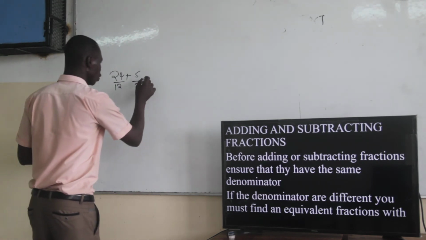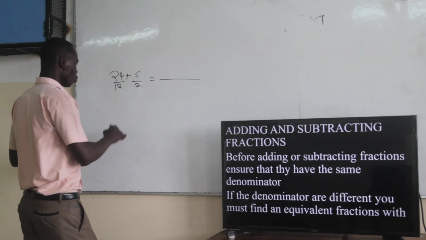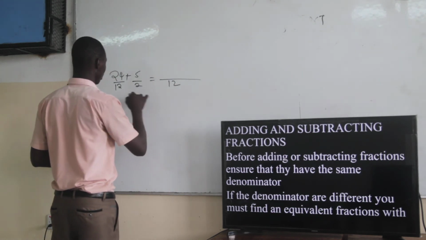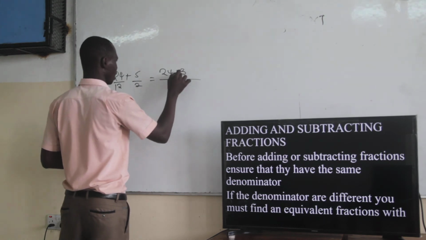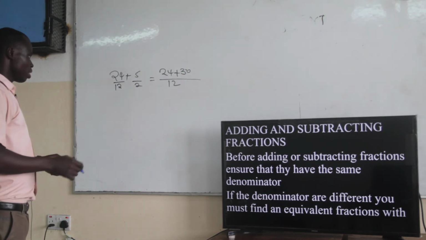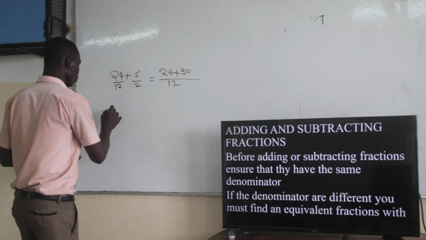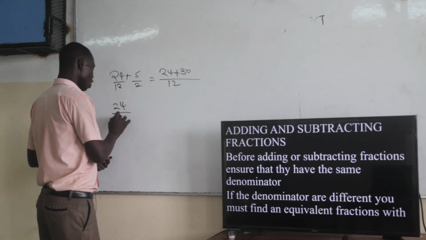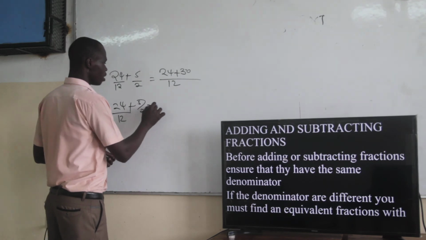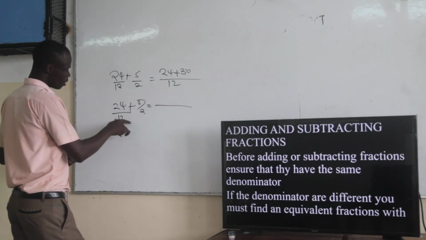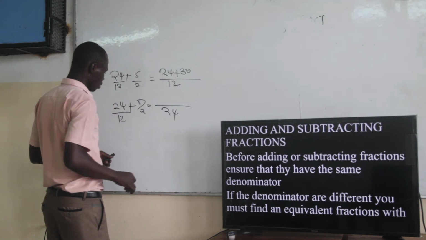Now, the first person can choose to have the LCM as 12. Another person can have 24 over 12 plus 5 over 2, and this person chooses to multiply these two denominators and get 24 as the LCM.